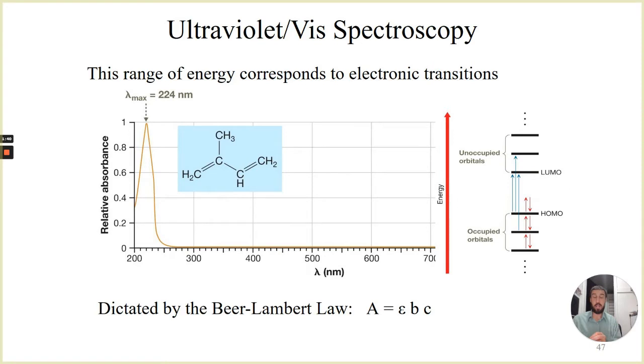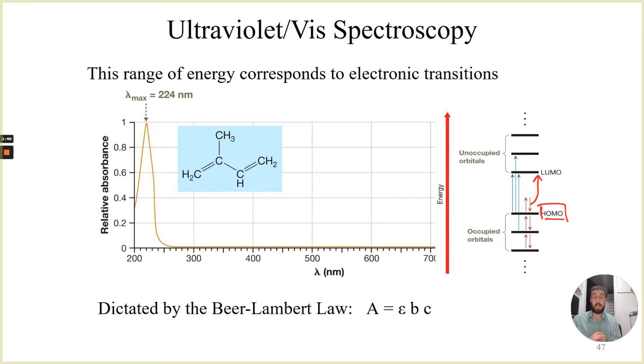Then we would populate those orbitals with electrons according to the pi system. What we're talking about is taking the electrons from the highest occupied molecular orbital, and when we hit it with ultraviolet light, those are going to jump to the lowest unoccupied molecular orbital. That transition happens to fall in the ultraviolet-visible range.